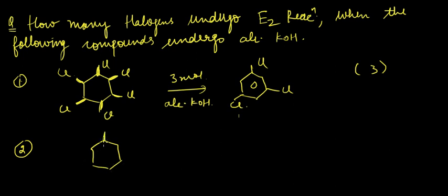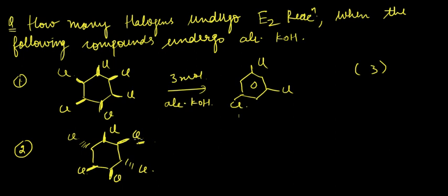We have something like Cl here, Cl here, Cl here. So obviously these two Cls cannot undergo, or rather, can this Cl undergo elimination to form a double bond?